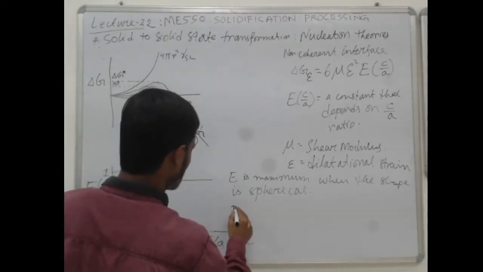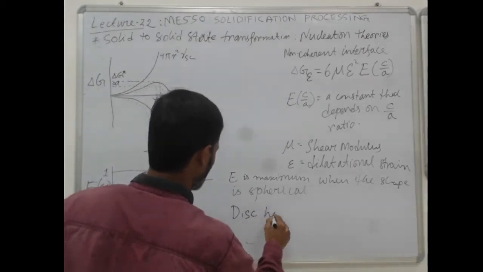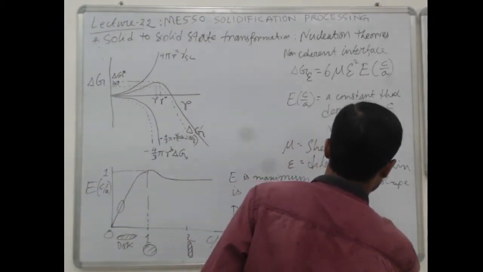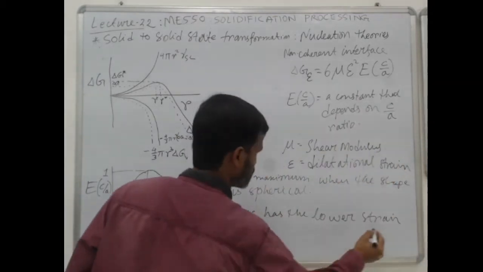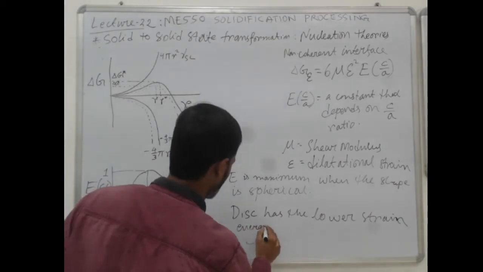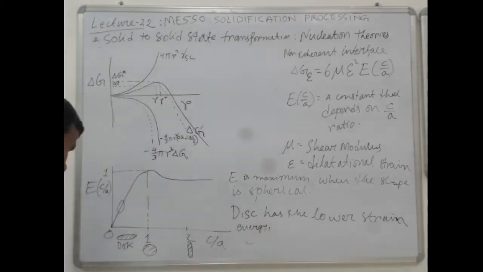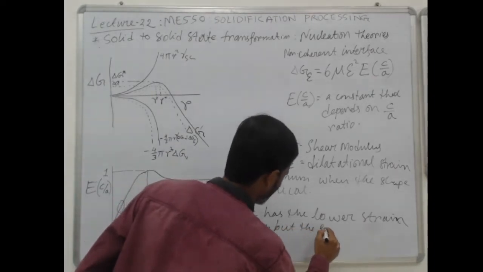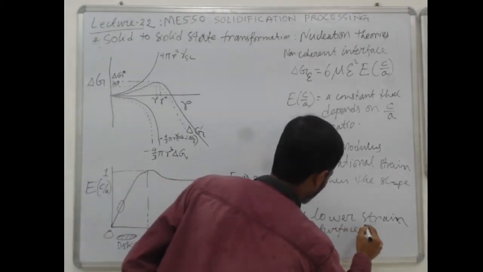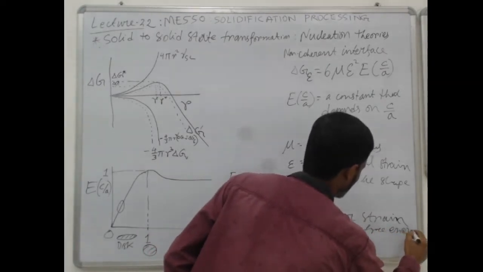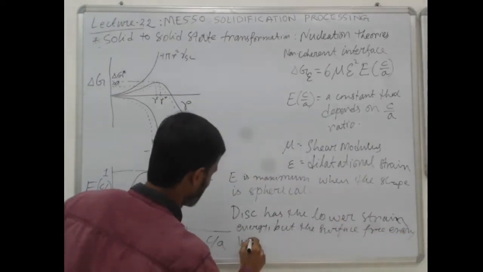The disc has the lower strain energy, but the surface free energy would be very high.